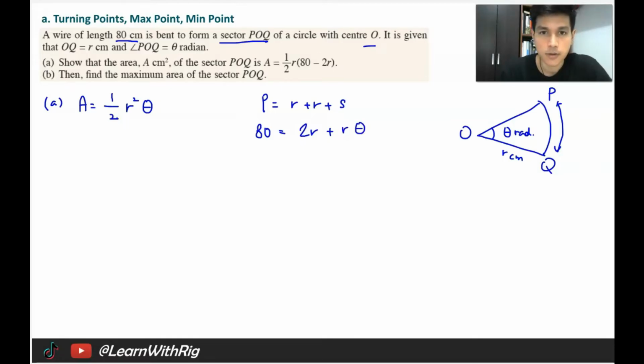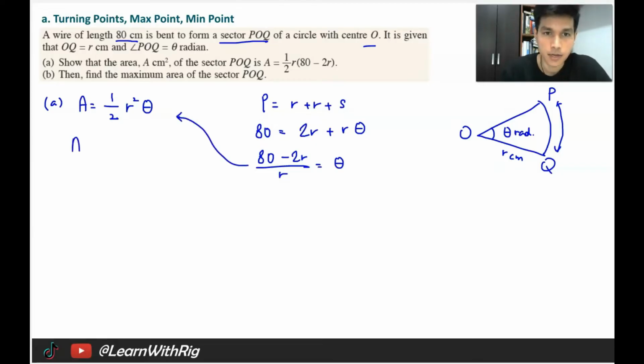So in other words, what are you going to do to substitute this into here? You have to find the theta so that you can substitute, correct? So in other words, you're going to do like this. 80 minus 2r divided by r is equals to theta.